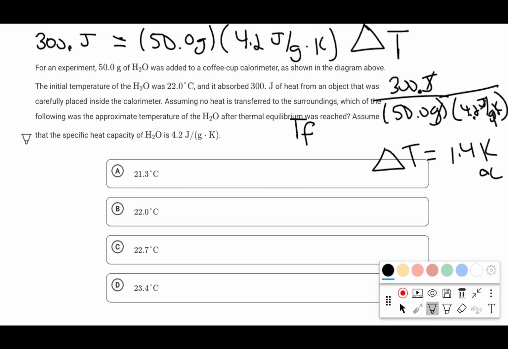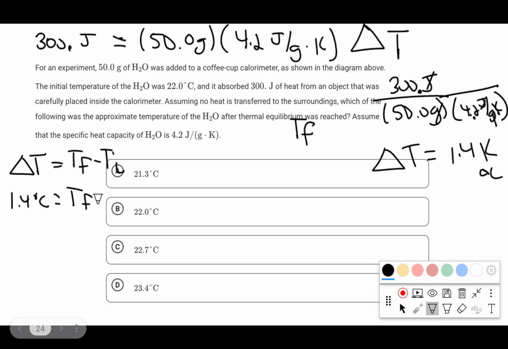So once I know the change in temperature, then I can use my equation, which is change in temperature is equal to TF minus TI. I now know my change in temperature is my 1.4. I'm going to use degrees Celsius. I need to know my TF, and I know that my initial temperature was that 22.0. So I've got to solve for the TF.